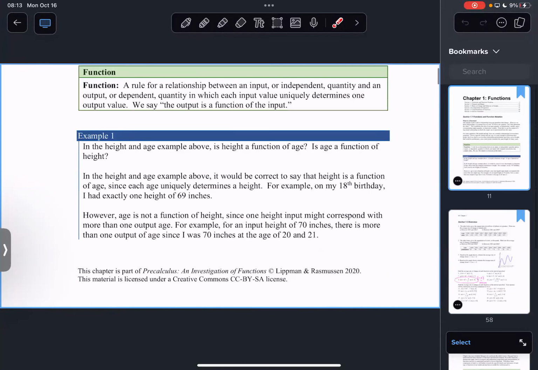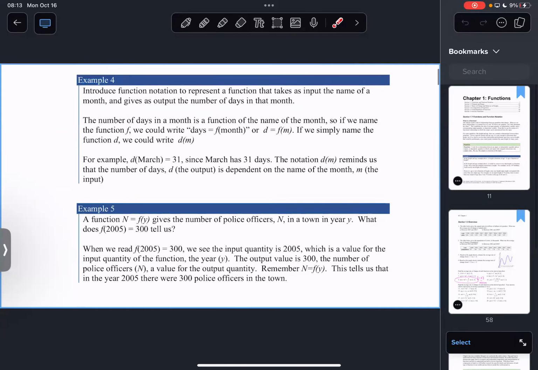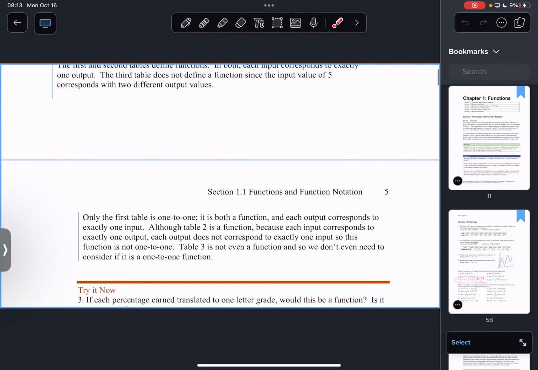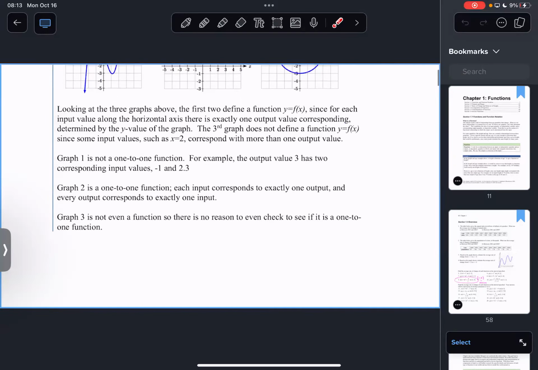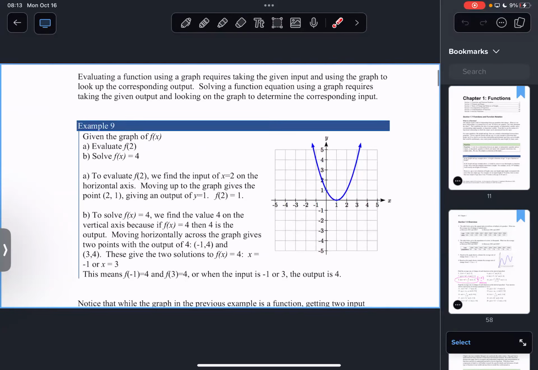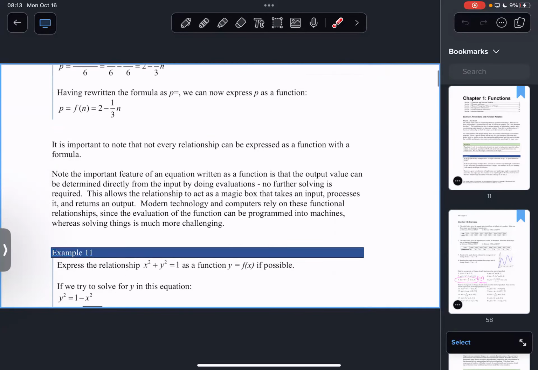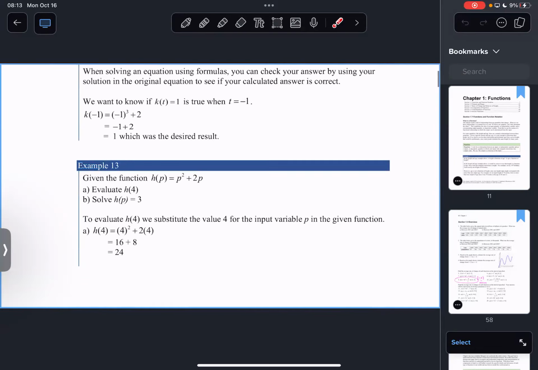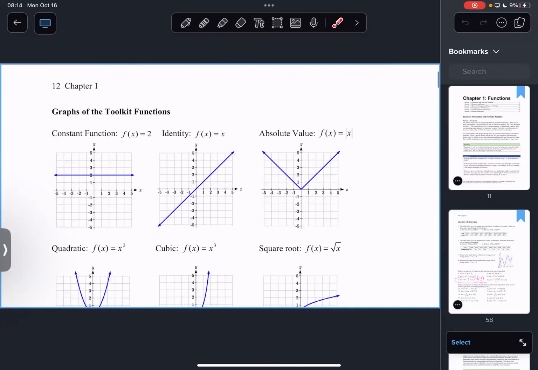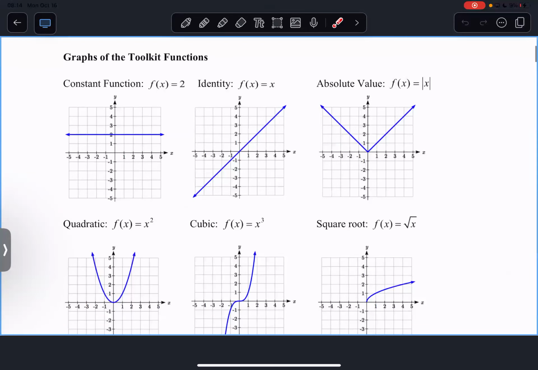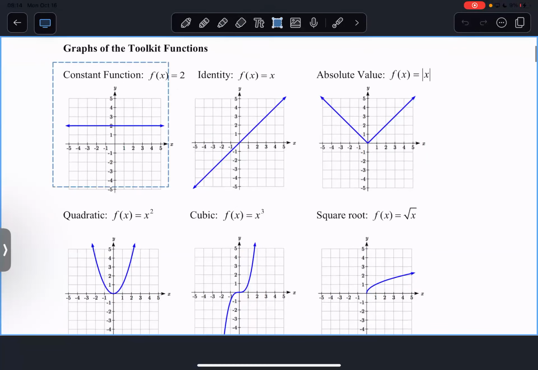Thank you. They come back to it a lot, but I want the graphs. Here we go. Graphs of the toolkit functions. Maybe not these ones. Well, we can start with these ones.